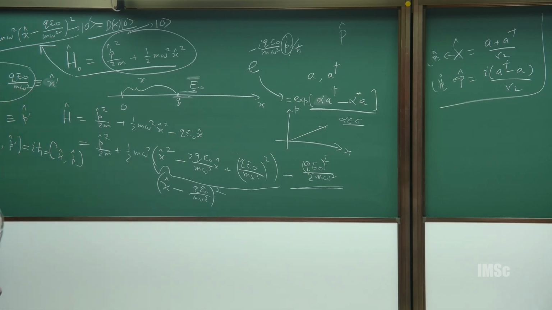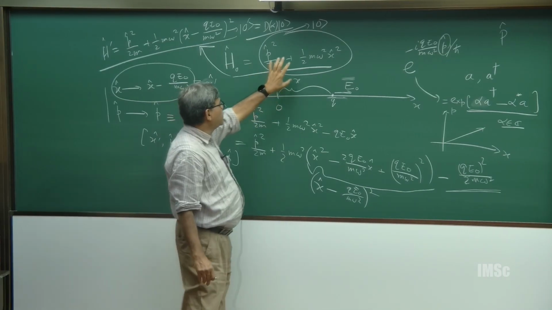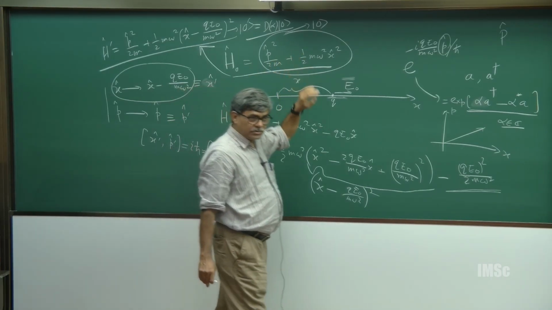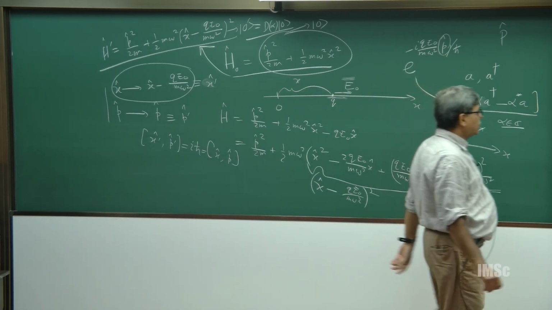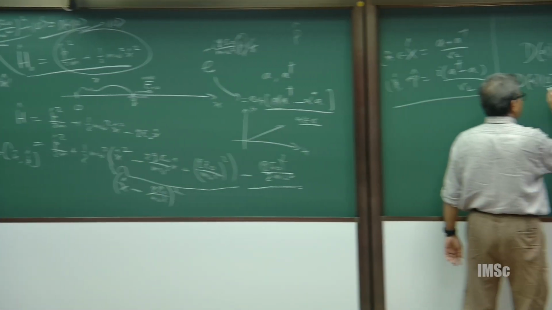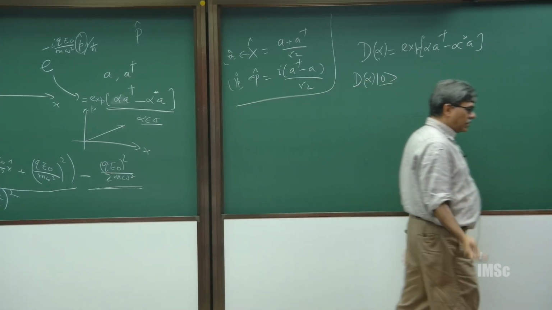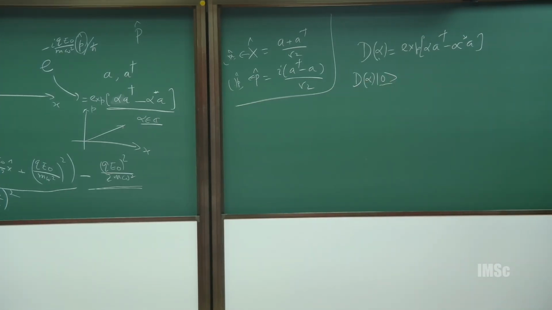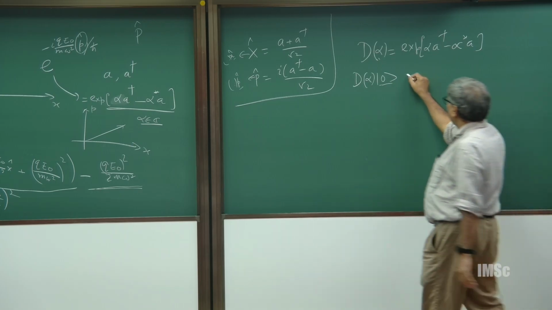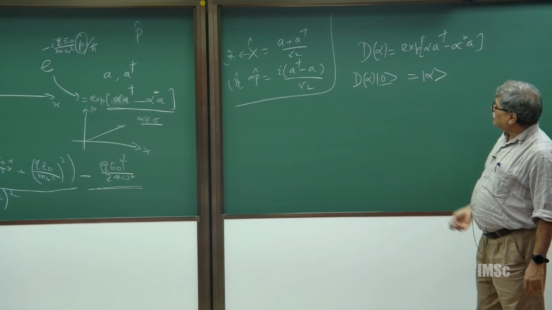So, basically it is displacing the ground state of this original Hamiltonian. Generically I can say this is the ground state of the original harmonic oscillator Hamiltonian, or say the quantized single mode electromagnetic field. So, this I will call alpha.